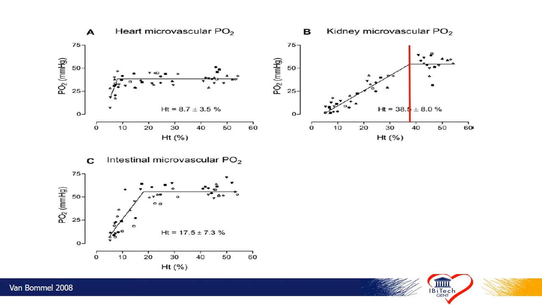The kidney, for example, is extremely sensitive to a reduction in oxygen delivery, as you can see here, where the linear consumption-delivery relationship already starts at a hematocrit of about 30. In opposition, the heart will tolerate very low oxygen delivery and still maintain aerobic metabolism, where the critical level is around 10%, and the gut is somewhere in between, around 20%.